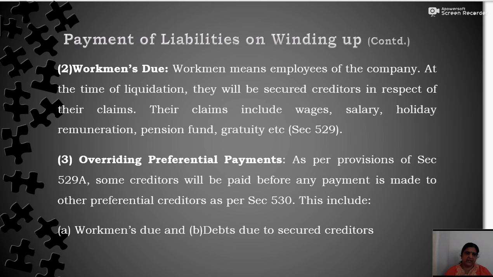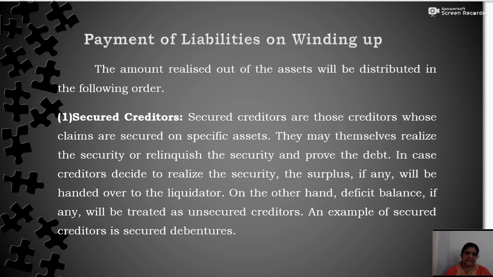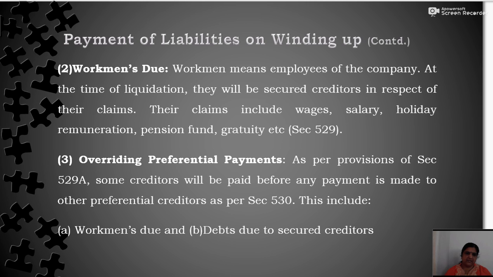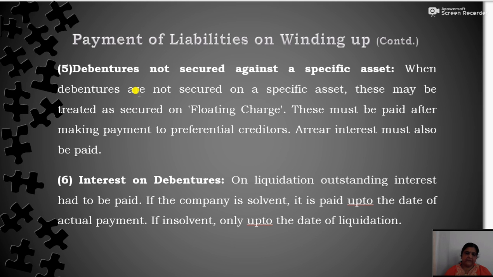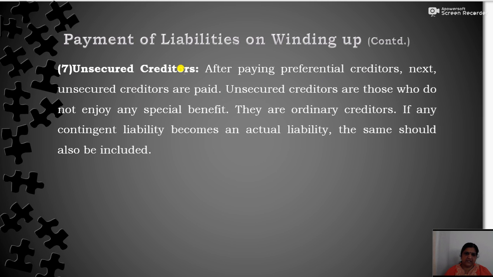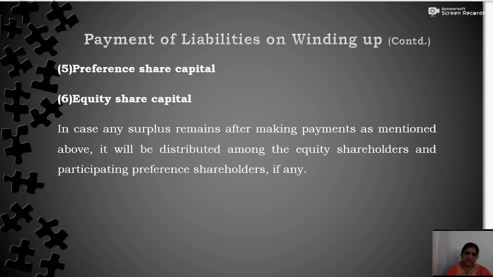First is secured creditors, then comes workmen's dues, overriding preferential payments, then preferential creditors, then debentures not secured against a specific asset, then interest on debentures, then unsecured creditors, then preference shareholders and equity shareholders.